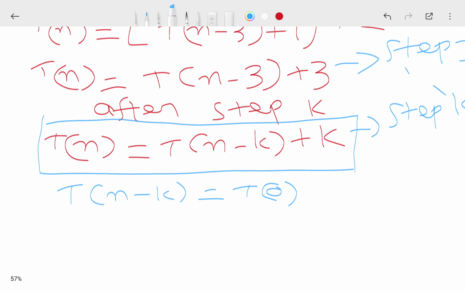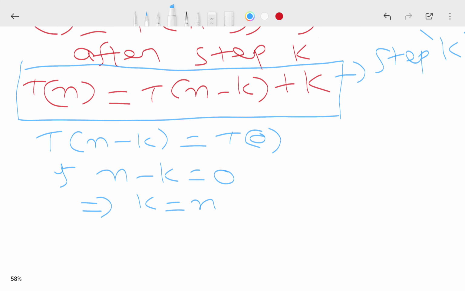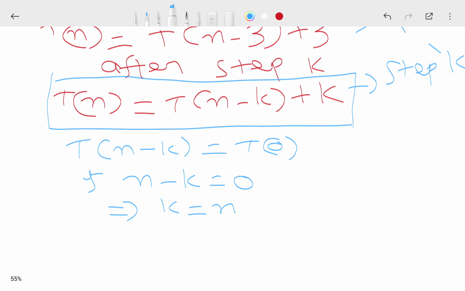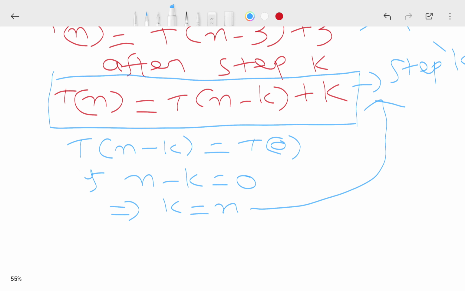How to make T(n-k) equal to T(0)? It means if n-k equals 0. So when you solve this, it will give k equal to n. So now substitute this k equal to n in this particular equation. Wherever there is k, just substitute n.